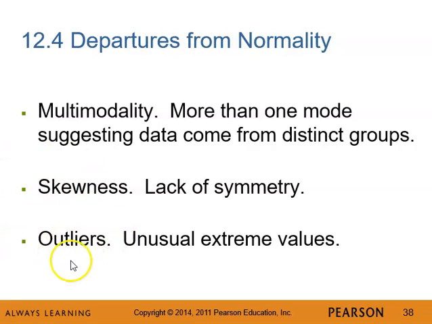I've already talked about skewness and outliers in the past, but just to remind you really quick, multimodality is when you have more than one mode, and mode is the most frequent value in your dataset. Skewness is lack of symmetry, when the shape of your histogram does not fit that perfect bell shape of normal distribution.